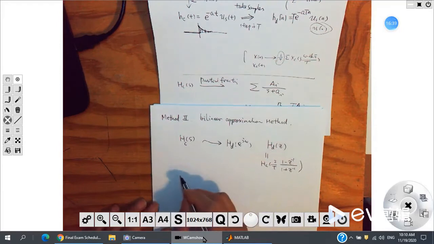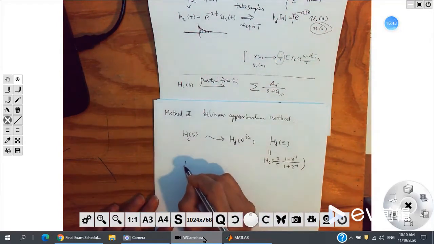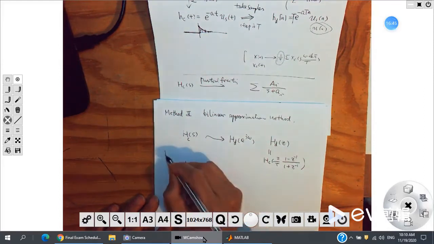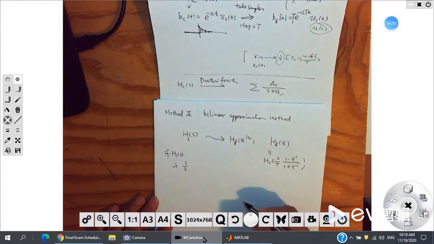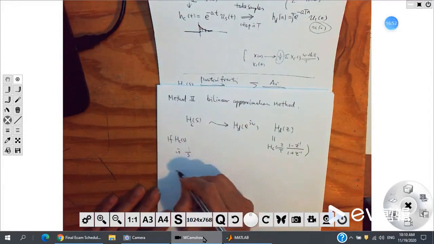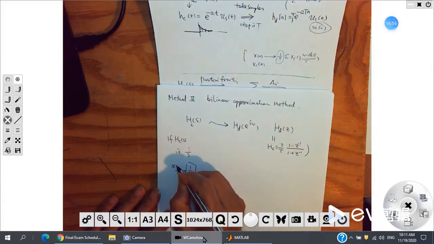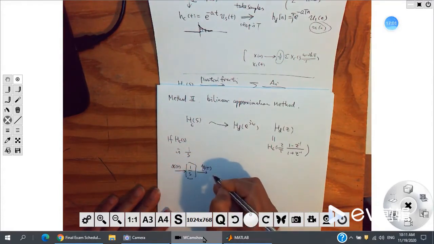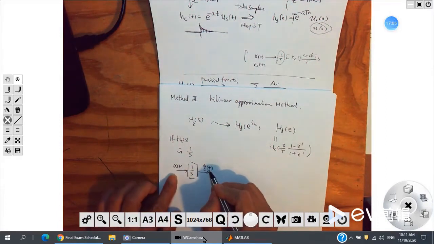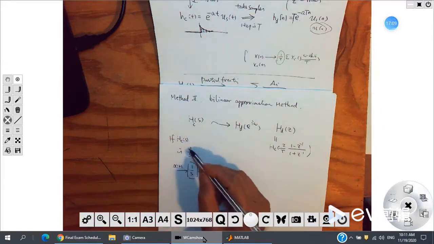We think of the problem like this. If H_c is 1 over s, then we have 1 over s here. If this side is x(t), this side is y(t). This is not the final output of the whole system, just a part.